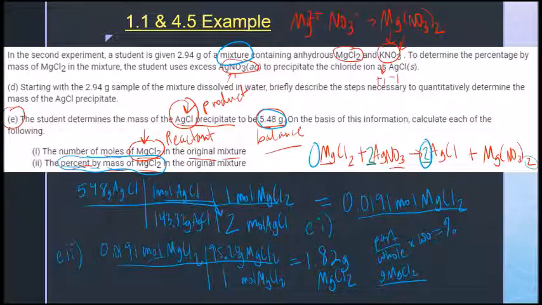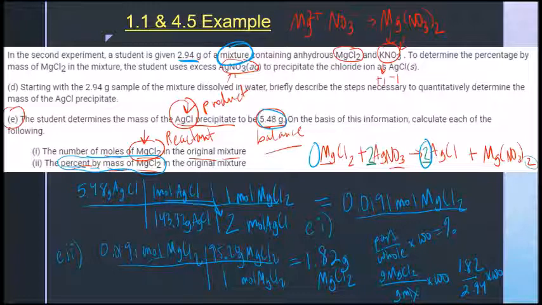Yes, the entire mixture, the grams of the mixture, and they told us it was 2.94. So we need the grams of the mixture here times 100. And then you go ahead and do that calculation, 1.82 divided by 2.94 times 100, and you'll end up getting your percent.